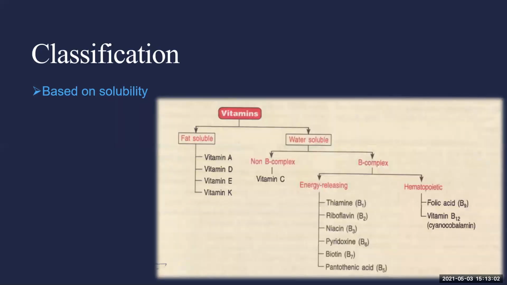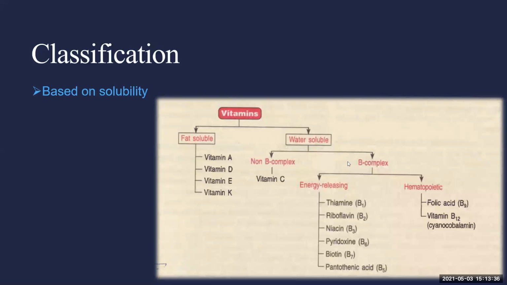To classify, we classify vitamins into two classes based on their solubility. Some vitamins are soluble in fat, some are soluble in water. This image gives us a broader perspective of how vitamins are classified. The first broad classification is between fat soluble and water soluble vitamins. We have vitamins A, D, E, and K that are soluble in fat, and B complex and vitamin C soluble in water.